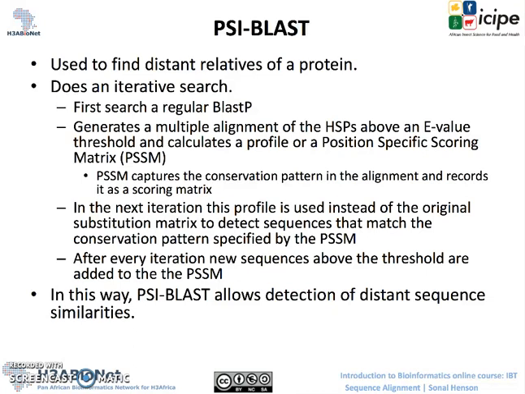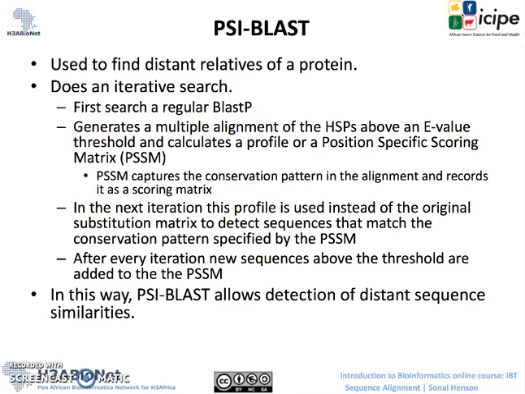In the next iteration, this profile is used instead of the original substitution matrix that was used in BLASTP, so as to detect sequences that match the conservation pattern specified by the PSSM. After every iteration, new sequences above the threshold are added to the PSSM.